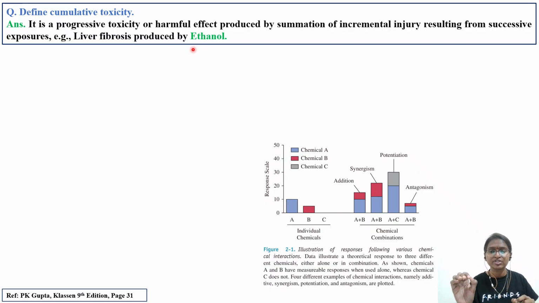Some questions with respect to ethanol and its association with fatty liver and liver cirrhosis, they will ask you in the exam. Alcohol upon chronic consumption will cause liver fibrosis. Fibrosis is a type of damage which does not occur upon immediate exposure, single exposure or acute exposure. This will take place over a period of time. That is the reason it is cumulative toxicity.